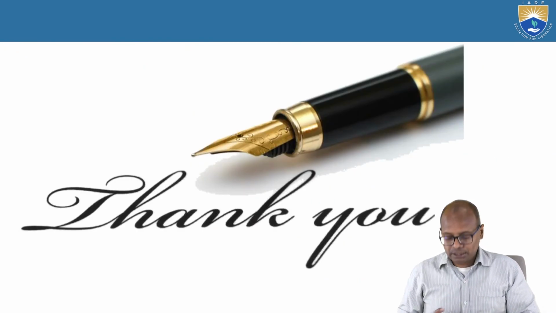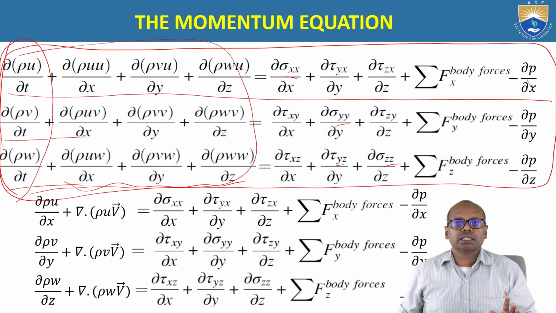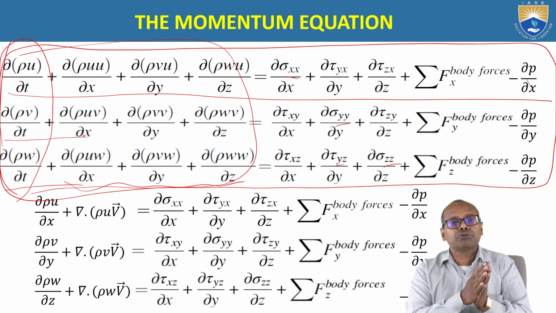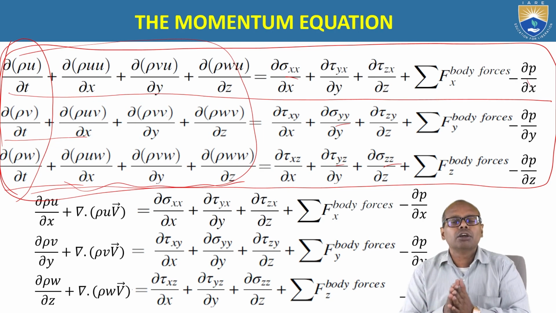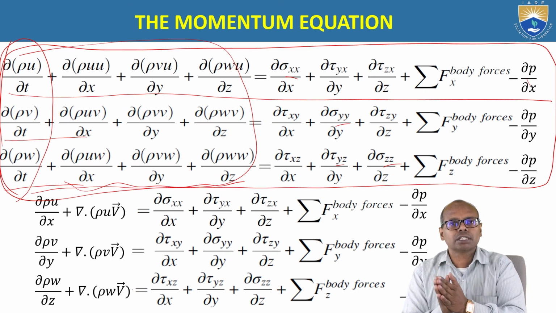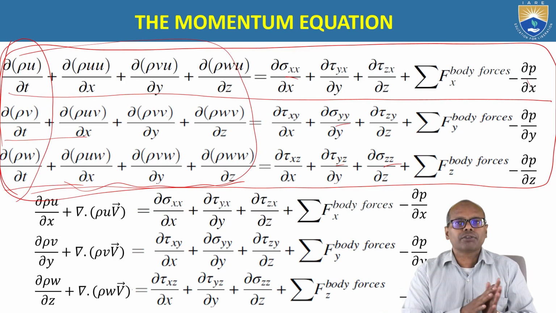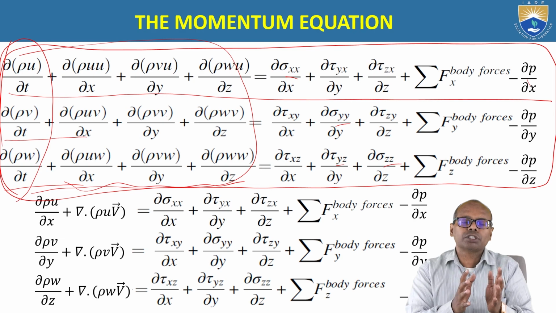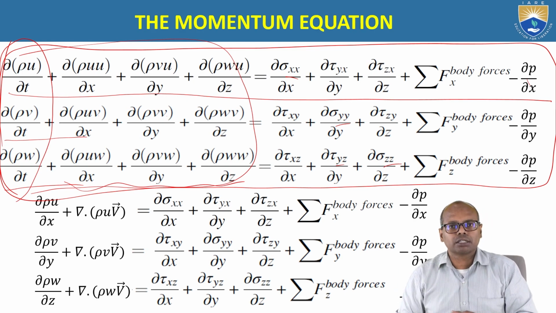What we did here today is, we considered Newton's second law of motion, net force is equal to mass into acceleration. We considered the effects of normal stresses, the effects of tangential stresses, the effect of pressure forces, the effect of body forces, and we added them and got the net force equal to mass into acceleration. That is the momentum equation.